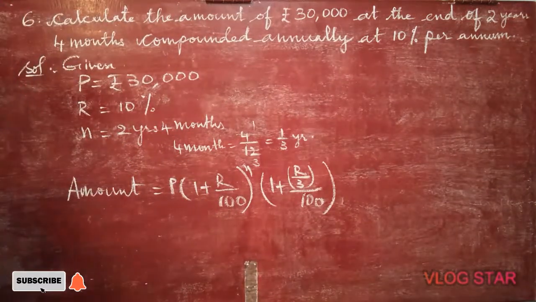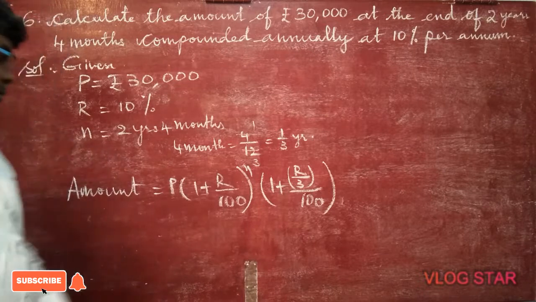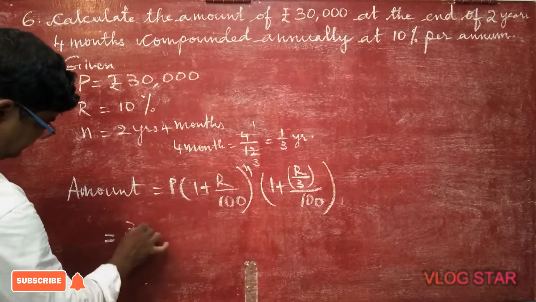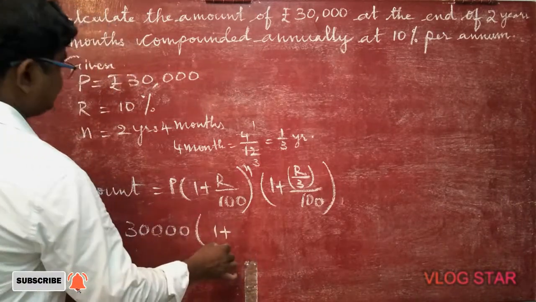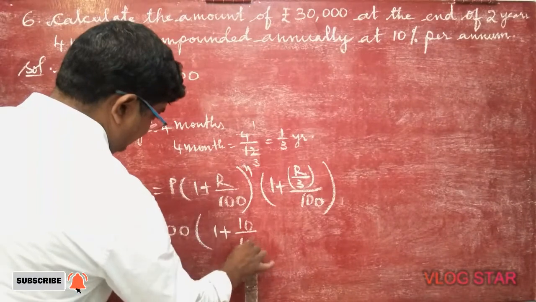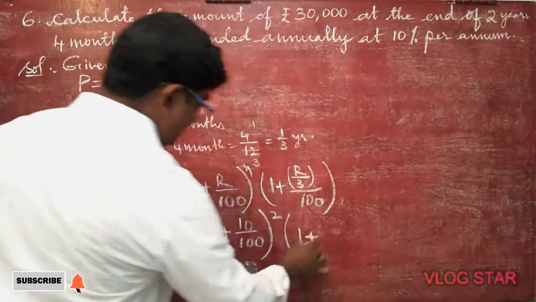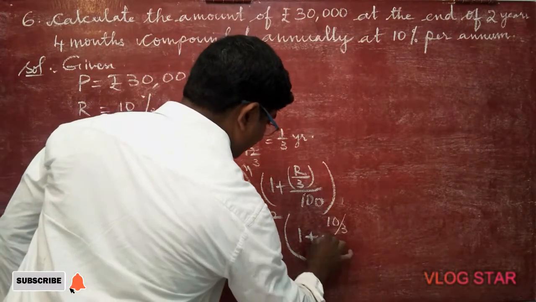You have to do like this. Here 2 years, here 1/3 of a year. So P is 30,000 into (1 plus 10 by 100) whole square into (1 plus 10 by 3 divided by 100).